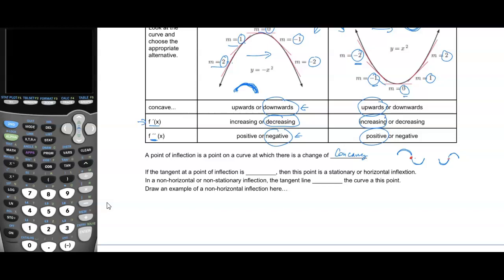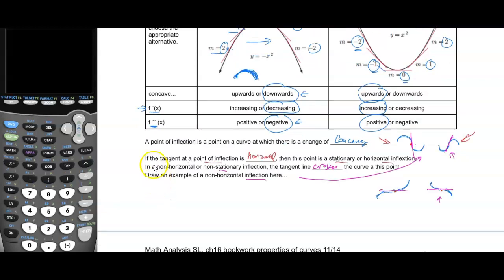If the tangent at the point of inflection is horizontal, then this point is a stationary or horizontal inflection point. These two drawings here are horizontal stationary inflection points.